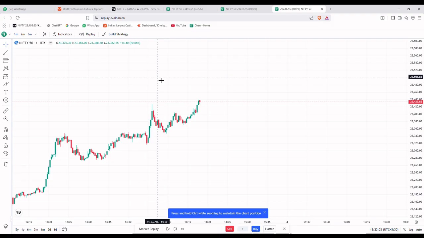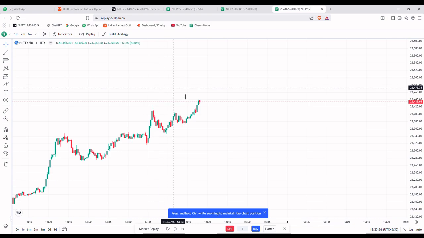Yes, in the beginning of the day, I will take a glance at OI and OI change, and after that, I do not look at OI also. It is only on the chart. I try to trade. I do not refer to any other information or data.